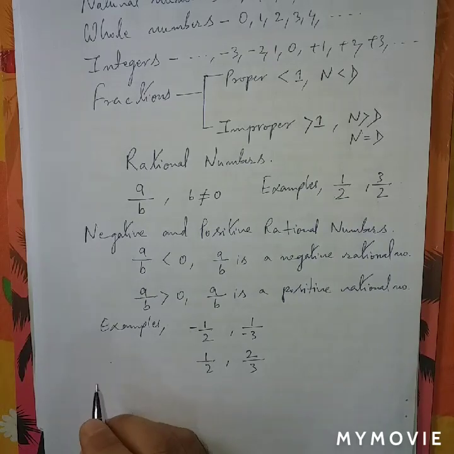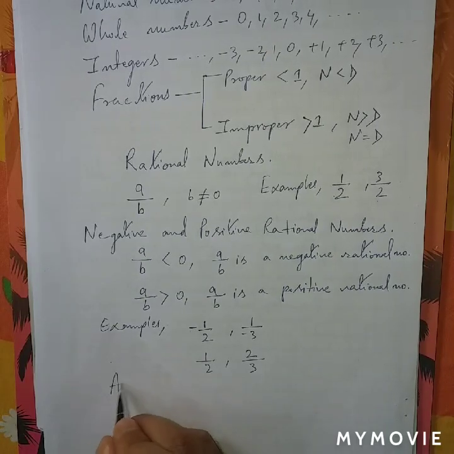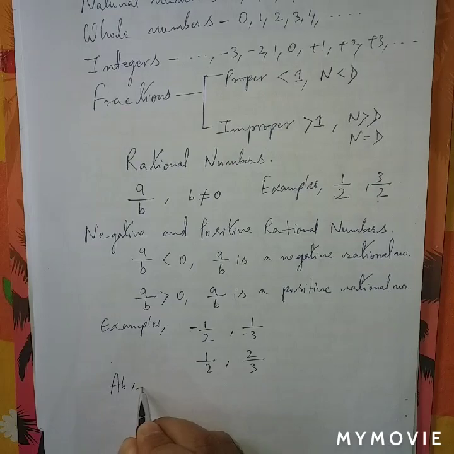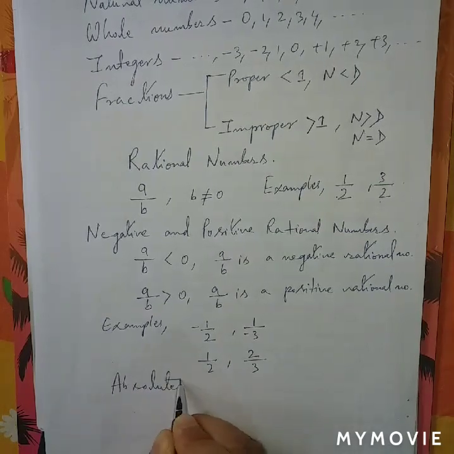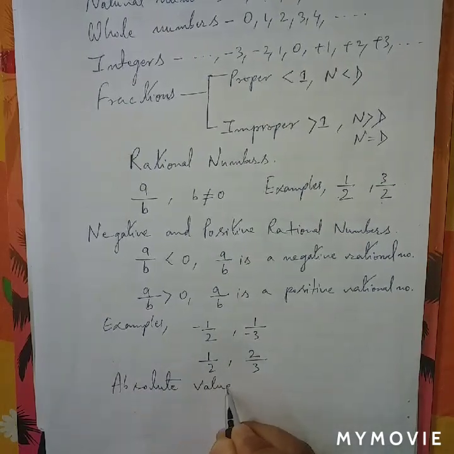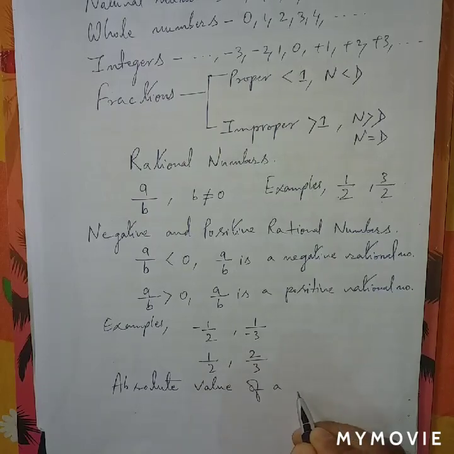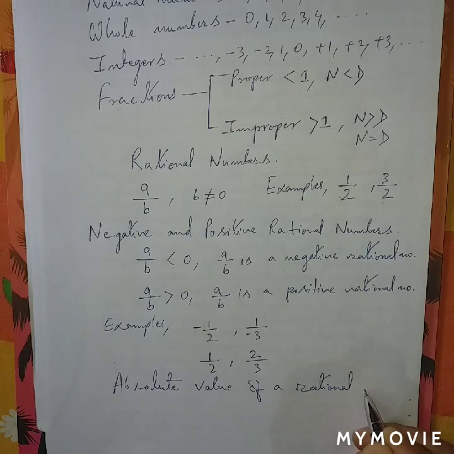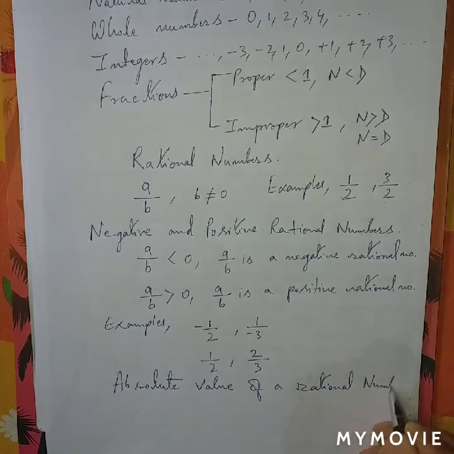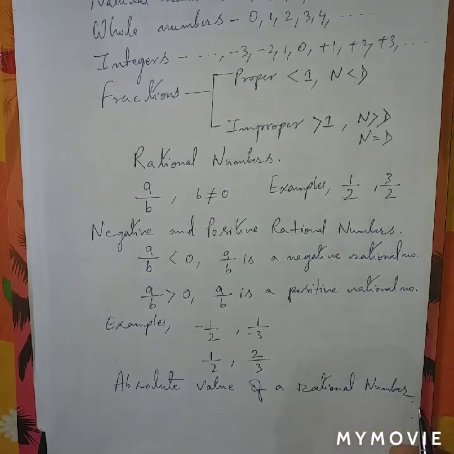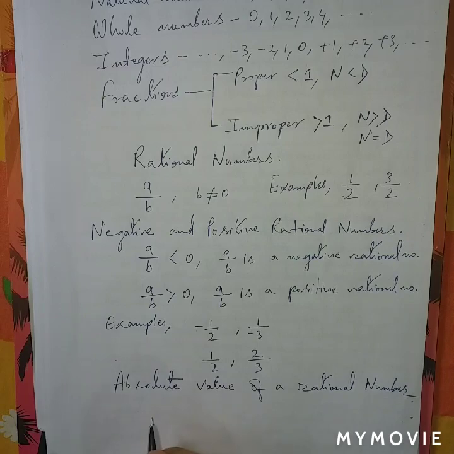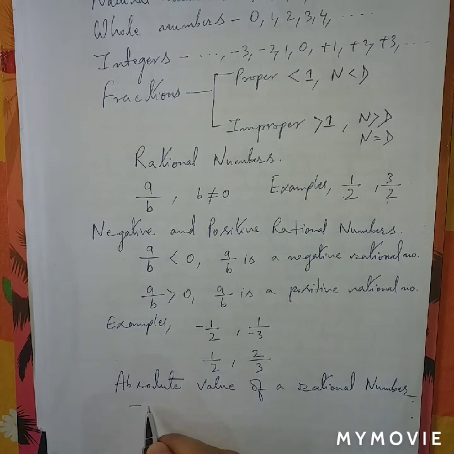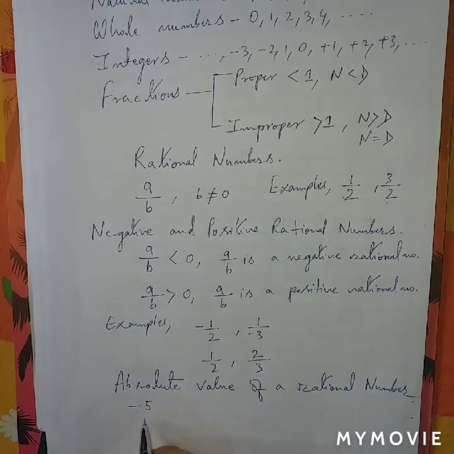Absolute value of a rational number. So any number, for example, minus 5, this is a rational number.